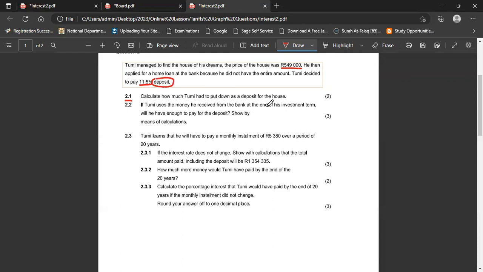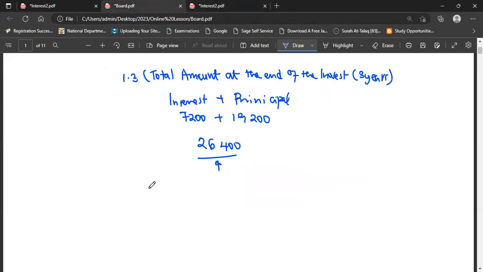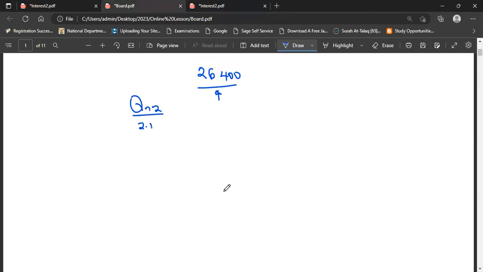So for question 2.1, we are looking at the deposit. They told you the deposit is 11.5% of what?